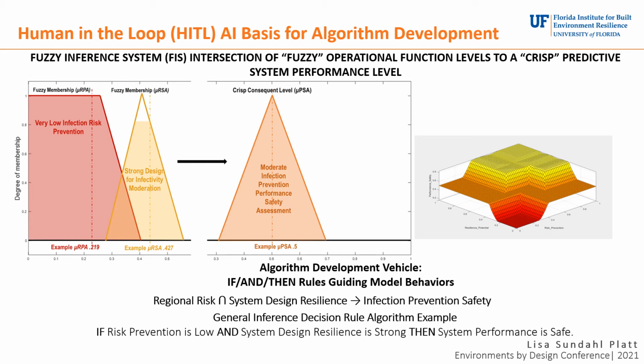And one of the most beneficial aspects of this approach is that it derives possibilistic levels of event occurrence in the same way that human thought does in analysis, and therefore it has the ability to summarize information into labels of fuzzy sets which bear an approximate relationship to the primary data under analysis. So, demarcated fuzzy membership levels of regional parameter infectivity risks were then plugged into fuzzy inference systems to generate crisp outputs regarding the system's performance using a series of decision rule algorithms based on system risk and design resilience.